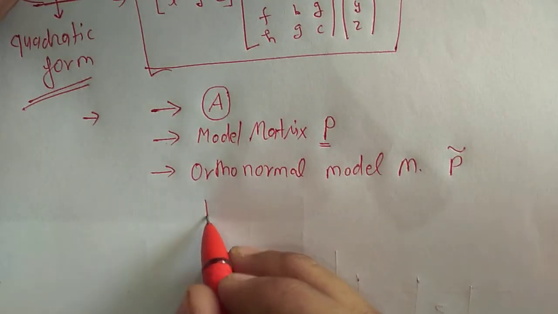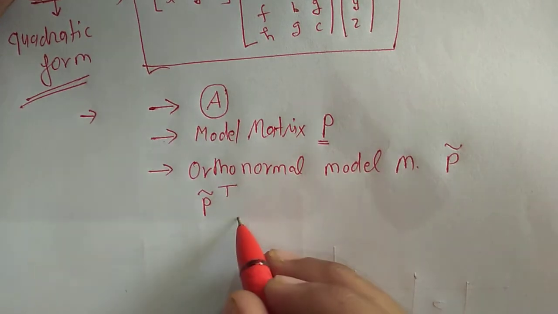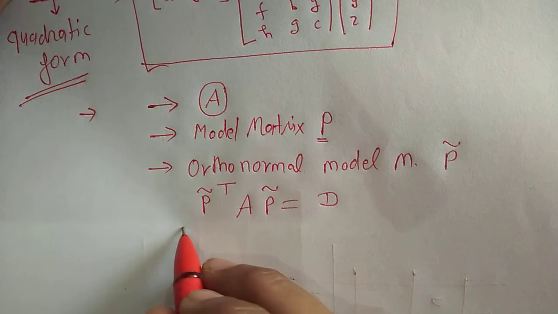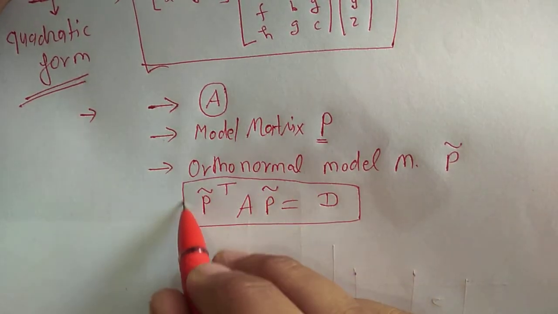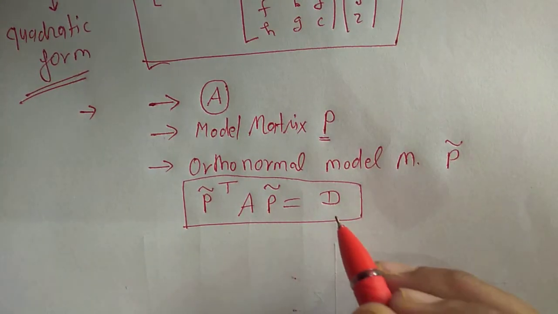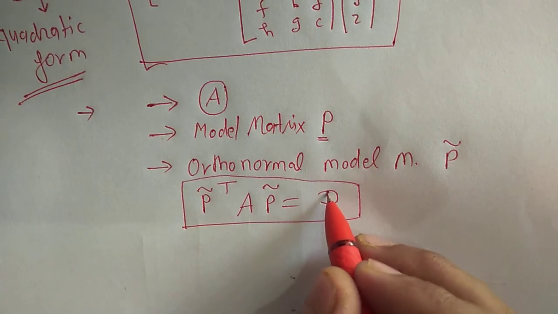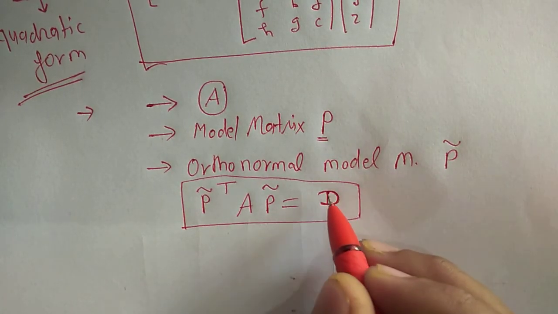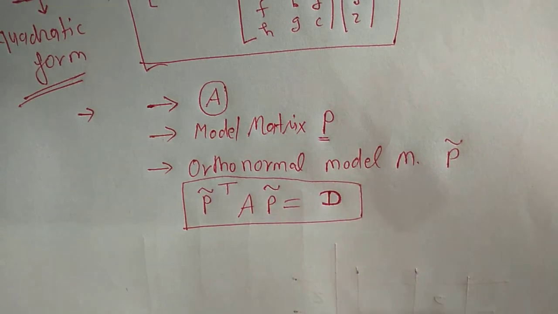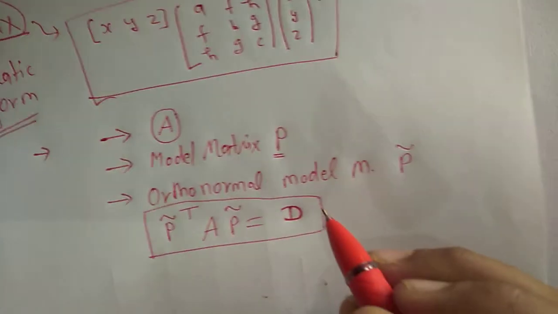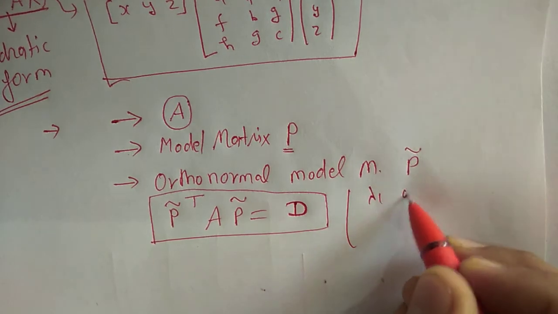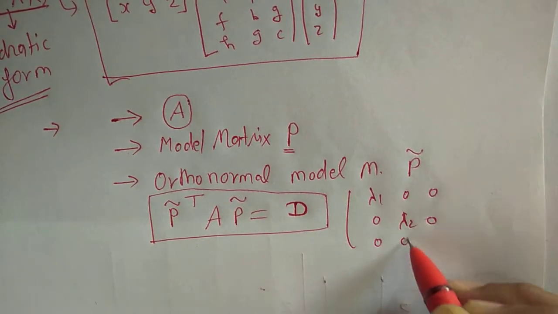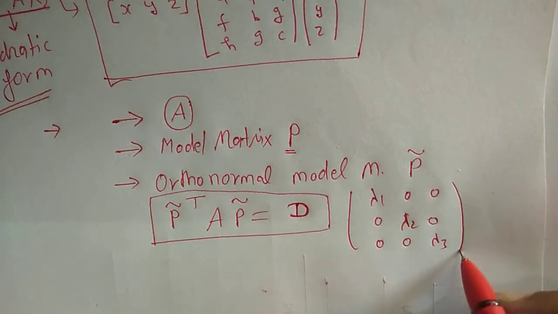Then P bar transpose A P bar will be the D matrix. This is called the orthogonal transformation. So this is the diagonal matrix, and from here we get the diagonal matrix of eigenvalues: lambda 1 0 0, 0 lambda 2 0, 0 0 lambda 3.